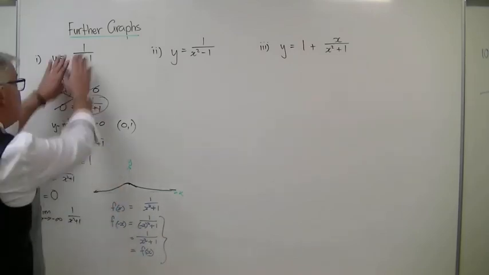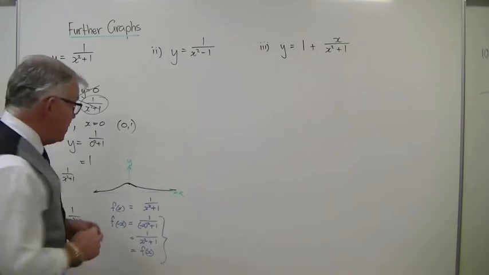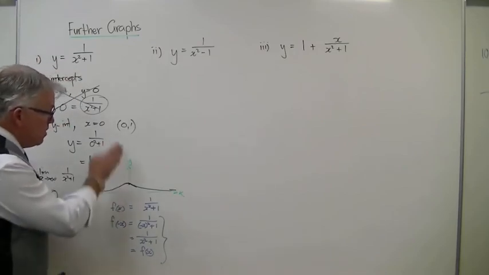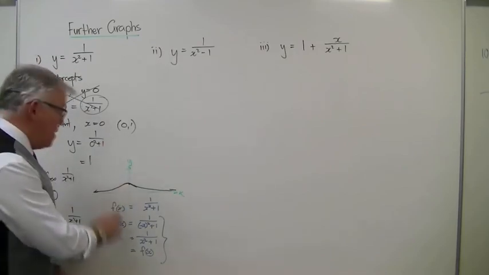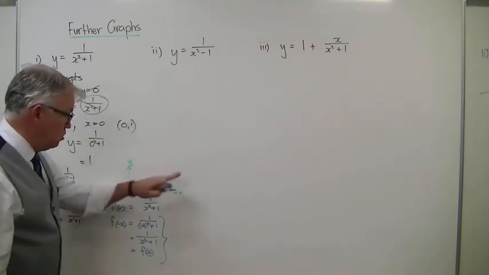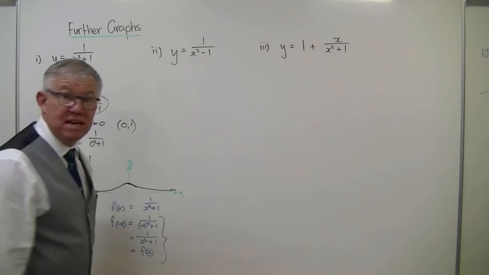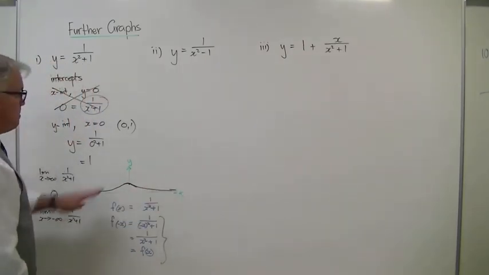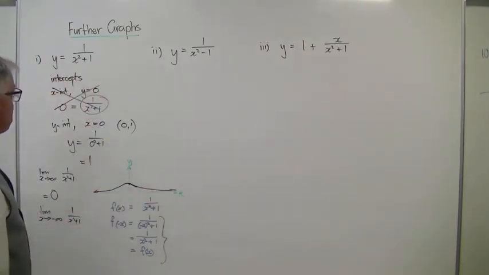So this function is in fact an even function. It does have mirror symmetry about the y-axis. The x-axis is asymptotic to the curve, or the curve is asymptotic to the x-axis. That is part of the process.